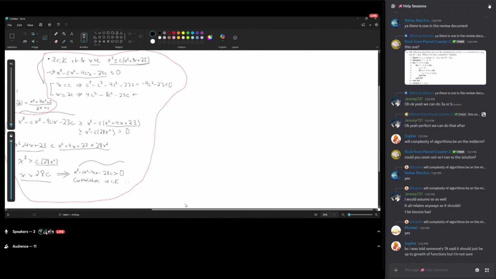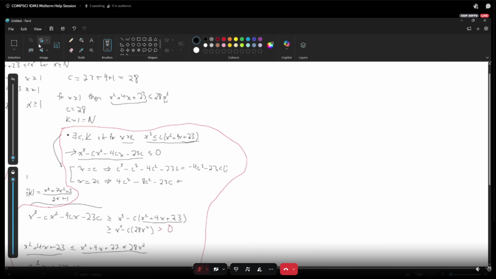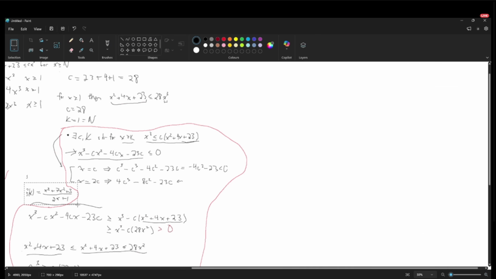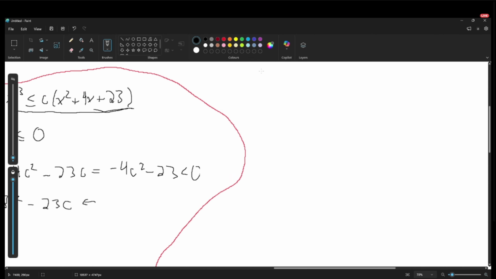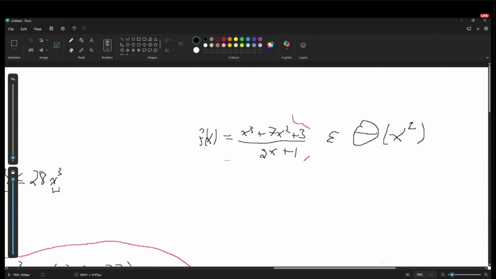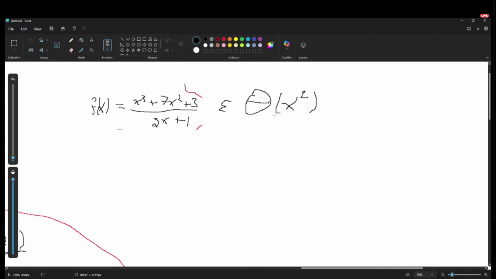So the other one was basically, f of x equals this. And you want to show that this is in big O of x squared, right? To do this problem quickly, you want to do polynomial division here.